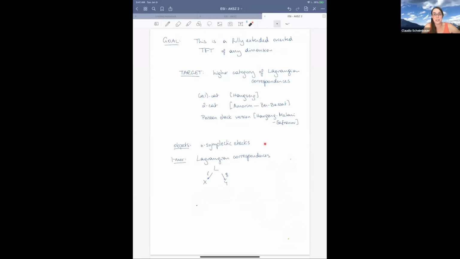I haven't actually told you what an n-symplectic stack is, but the important ingredient will be that we have a tangent or a cotangent complex, the whole chain complex instead of just a space. This is similar to things that you're probably used to from other derived situations, but you definitely have a complex there. Okay, so what's a Lagrangian correspondence? A Lagrangian correspondence, well, it's a diagram like this.